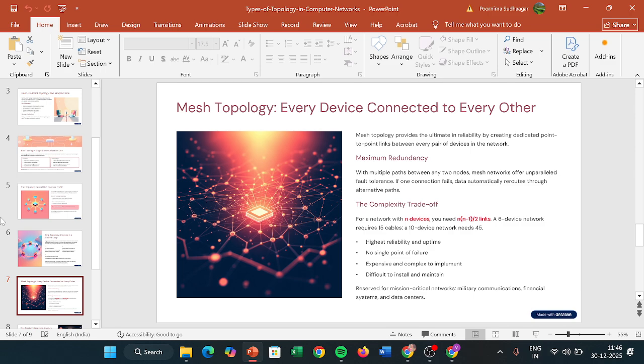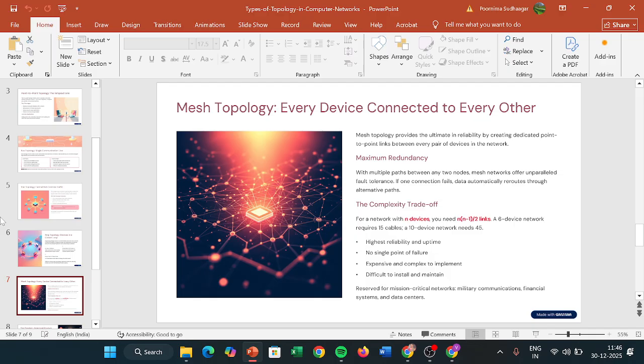The next one is mesh topology. It provides the ultimate in reliability by creating dedicated point-to-point links between every pair of devices in a network. So every device is connected to another via dedicated channels.